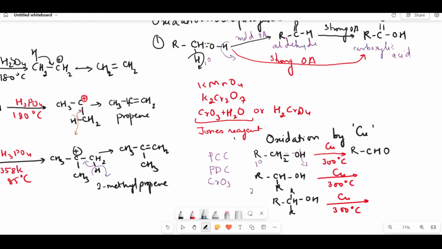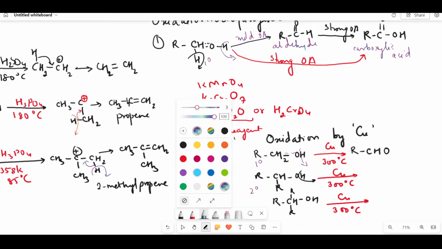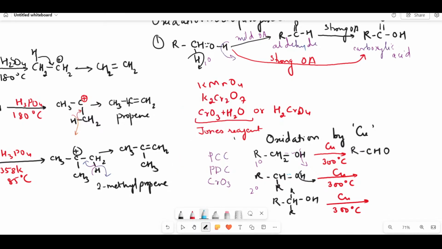Let us see in case of 2 degree. Same thing will happen again. This hydrogen is removed and there will be formation of a partial double bond character. When a partial double bond is formed, this hydrogen will have to leave.